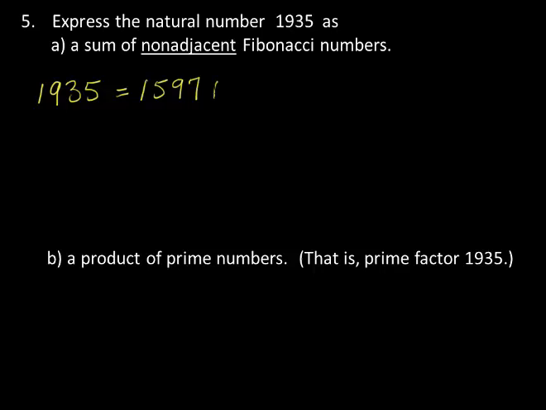So in other words, I'm saying that 1935 equals 1597 plus 338. Now, if 338 was a Fibonacci number, I'd be done. But it isn't. So I am going to rewrite this expression: 1597 plus, and from 338, I will take out the biggest Fibonacci I can, and that is 233.